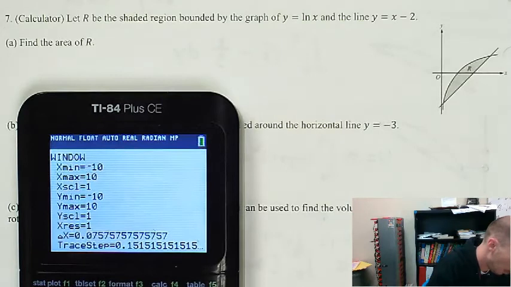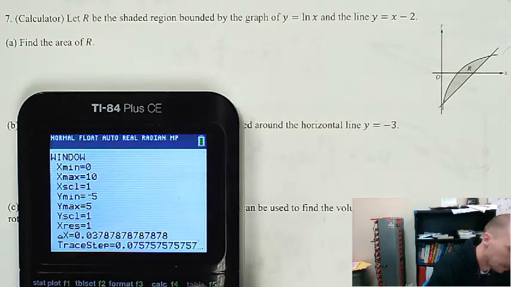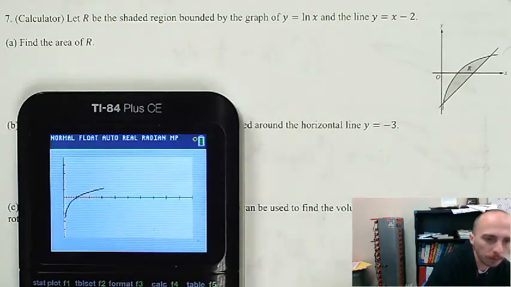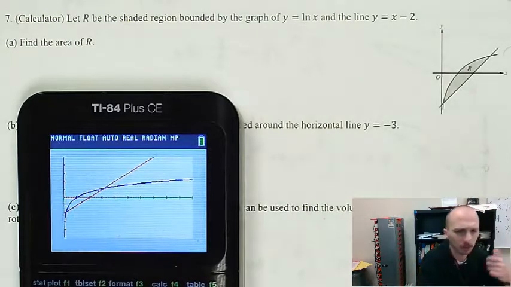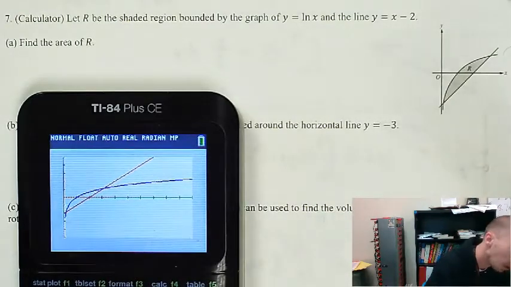I'm going to reset the window a little bit so that we can see this a little closer. I think it's one of those things where if the calculator hasn't plotted it, it's not going to be able to find the intersection. It didn't look like it had plotted enough of y equals log x for me.